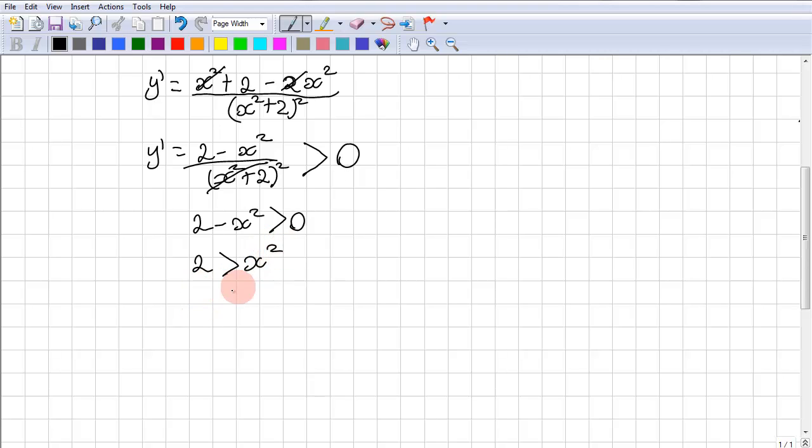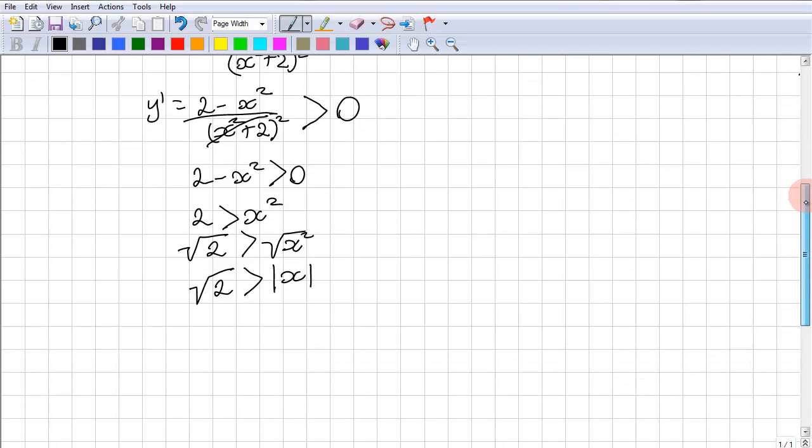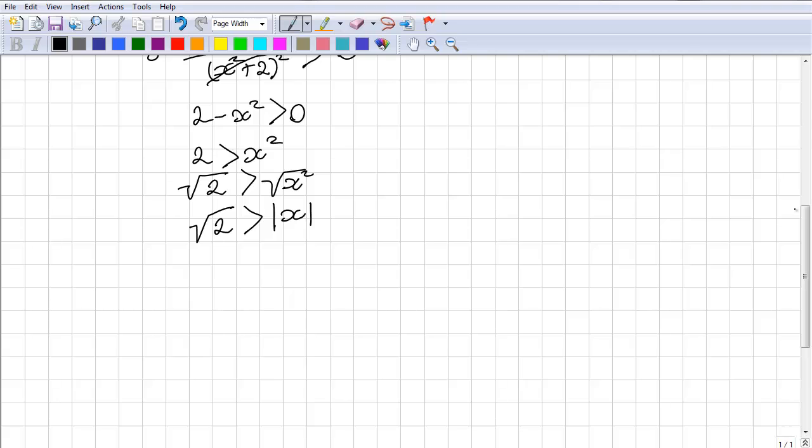We take the roots of both sides, and that turns into root 2 is greater than root of x squared, which is equal to root 2 is greater than the absolute value of x. So when the x is positive in the absolute value sign, we leave it all as is.